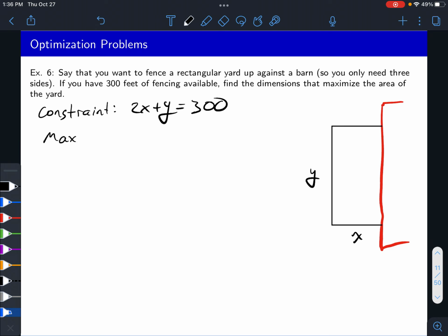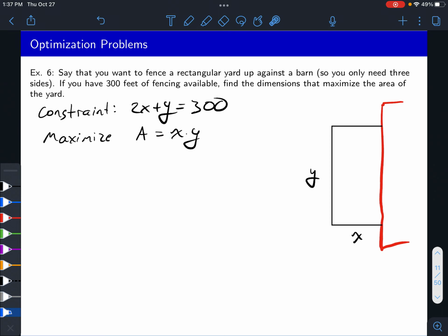And we are trying to maximize the area. The area is just equal to the x value times the y value, which we now want to just get into a function of one variable.